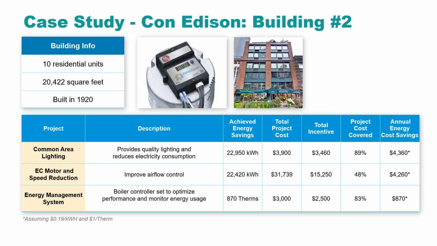The incentives covered anywhere from 48 to 89% of the project costs, with paybacks of less than 1 year to just over 4 years for the individual projects. All of the projects provided very quick return on investment to the owner.